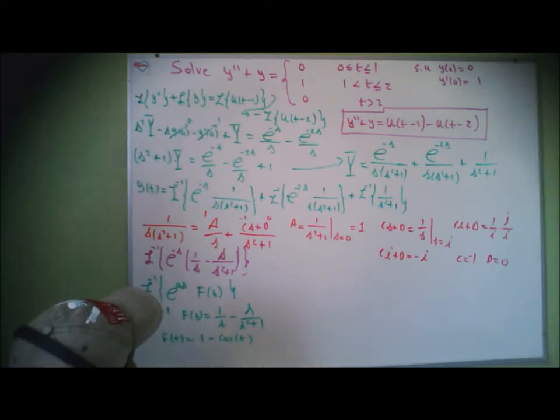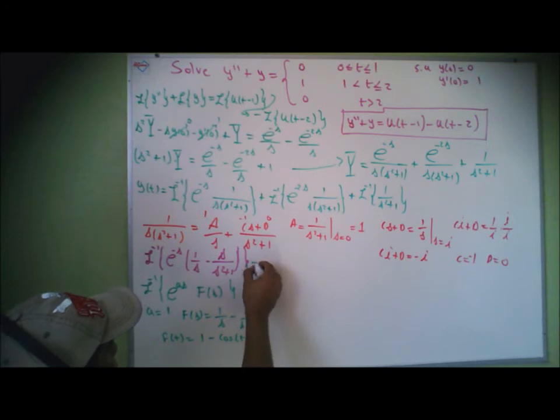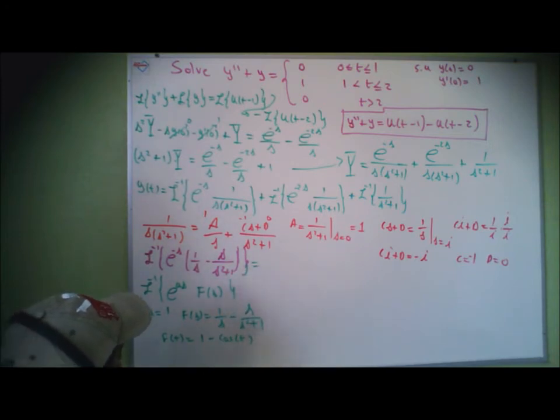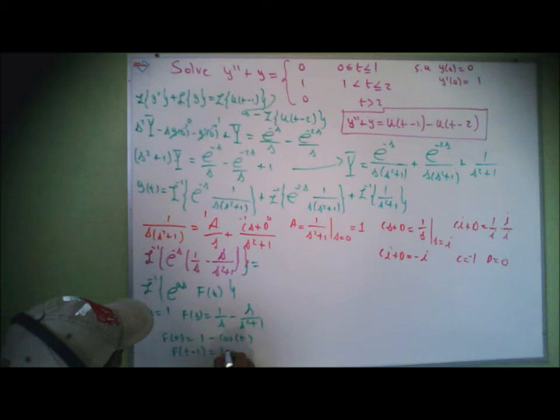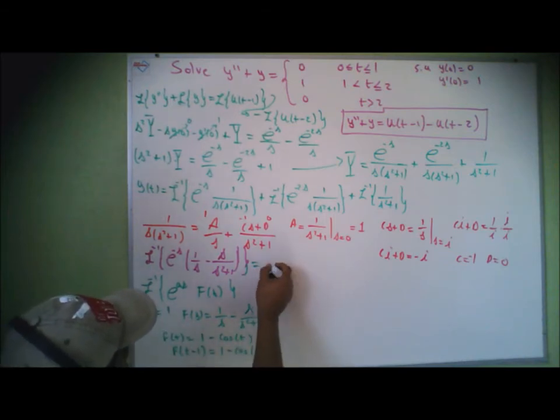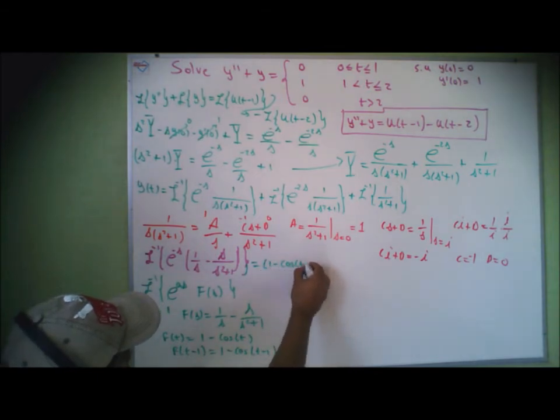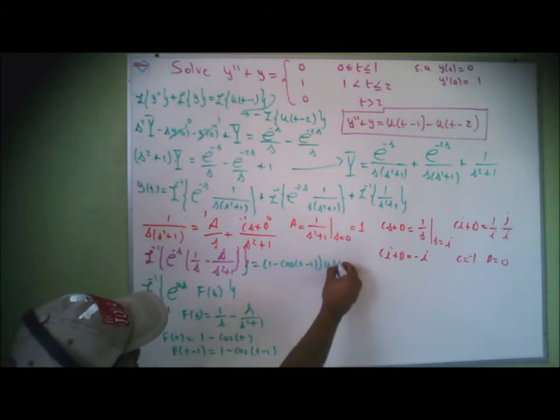So the Laplace inverse of this is going to be the shift, f of t minus 1. So it's going to be 1 minus the cosine of t minus 1, and then u of t minus 1.